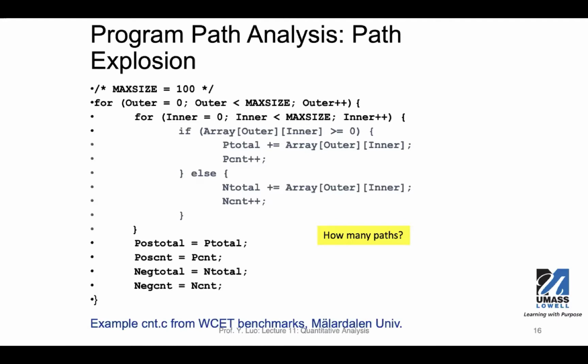But the problem is we are doing this analysis without knowing ahead of time what the values in the array are. And you can run this program many times. Depending on the array data, you may end up taking this path or this path. So if you have different inputs for the array, the first execution may take a different path compared to the second time you execute this whole segment.